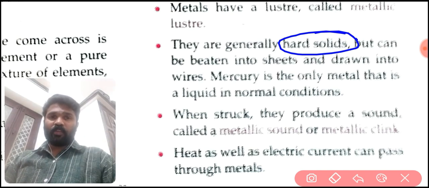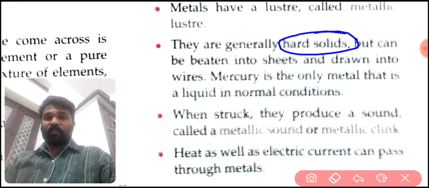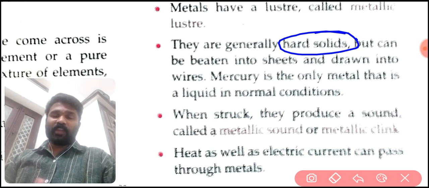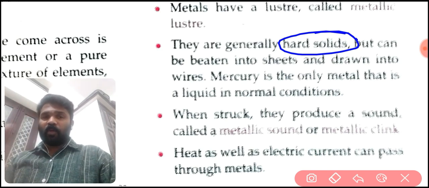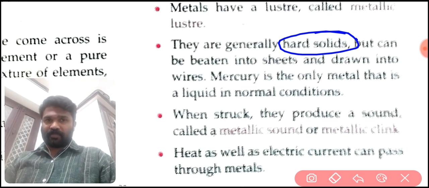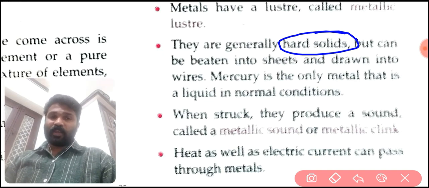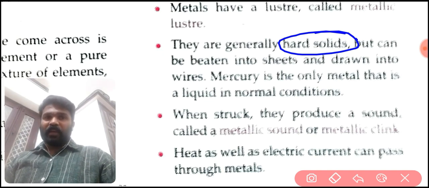For electrical wiring we are using copper wires, aluminium wires and all. Inside the plastic there is an aluminium or copper wire inserted.